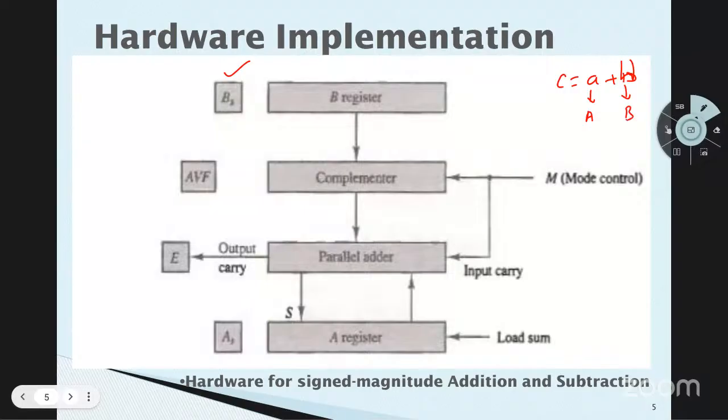So the B register is having sign bit BS, and another operand we are placing in the A register. Right? That is the A register, and the A register sign is this. Now the result is positive or negative depending on this, that will decide this operation. Okay. So now, and this is the end carry.